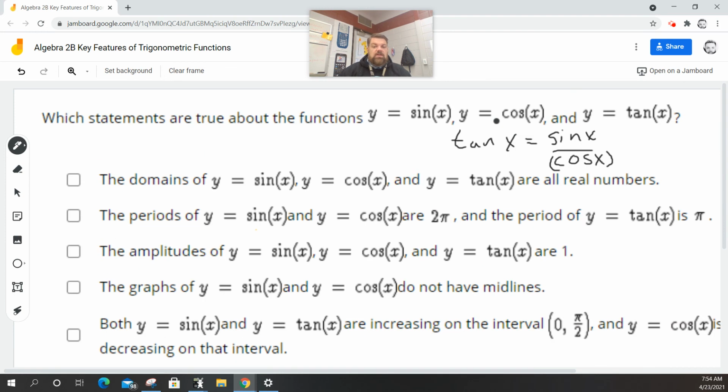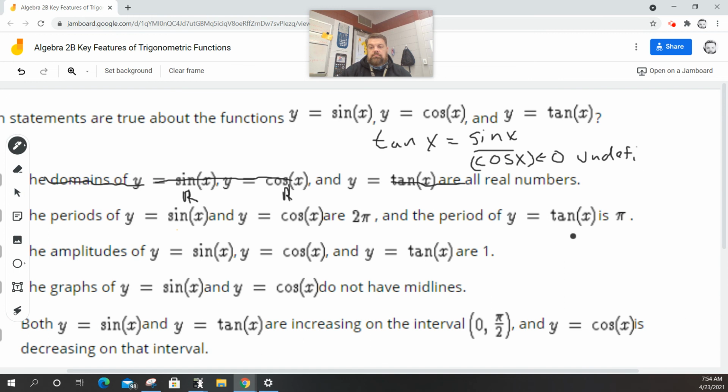So that one won't work. This is all real numbers. This is all real numbers. But this one is not all real numbers. Tangent is not all real numbers because when cosine equals 0, it's undefined. So then it tells us the periods.